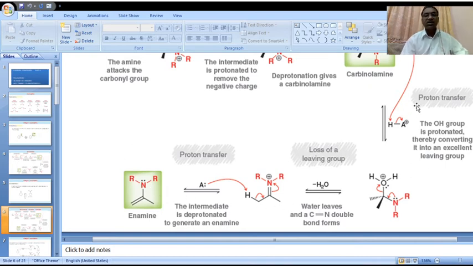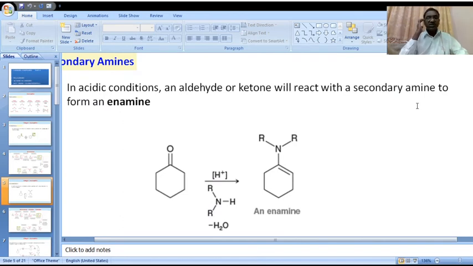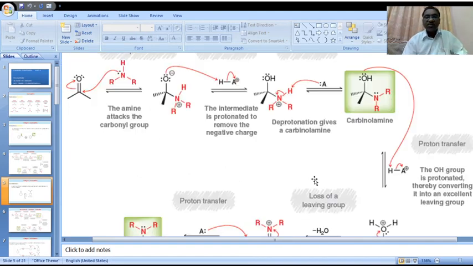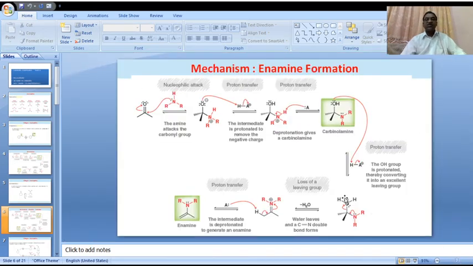Here is the actual reaction, please observe once again. The starting compound, it may be an aldehyde or ketone, will react with the secondary amine in the presence of acid to form what? Enamine. This is the clear-cut mechanism of this reaction.